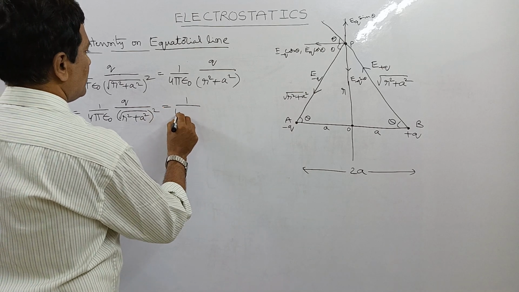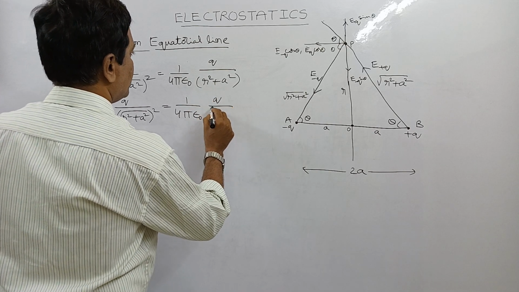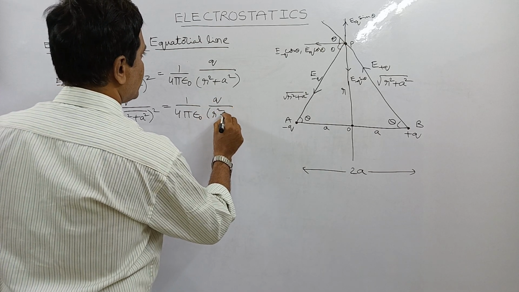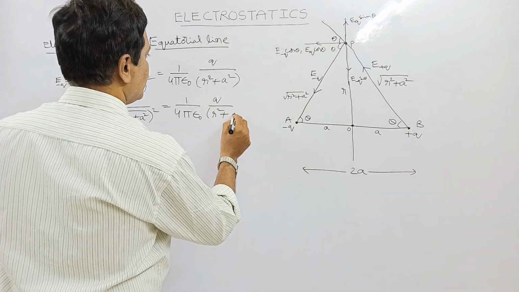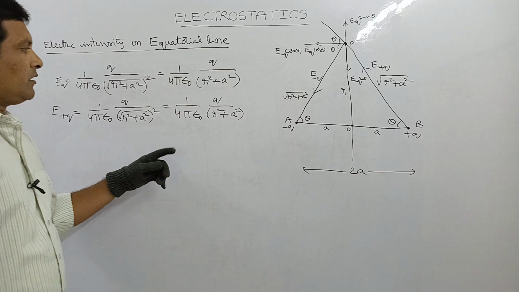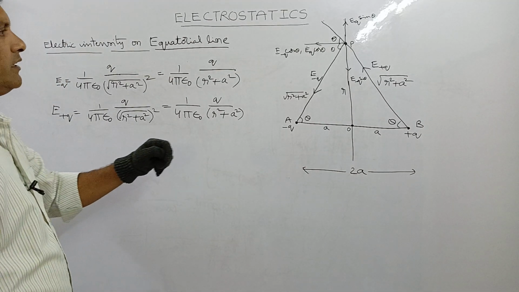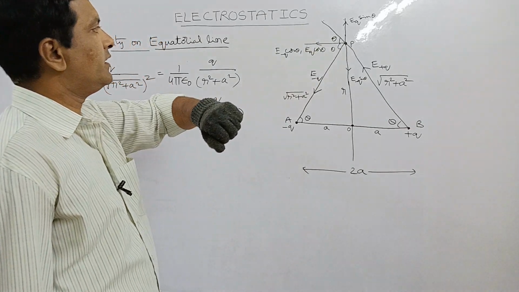So here both the electric field intensities are same along the directions PA and BP. Okay. Now, what is the resultant electric field at this point here?